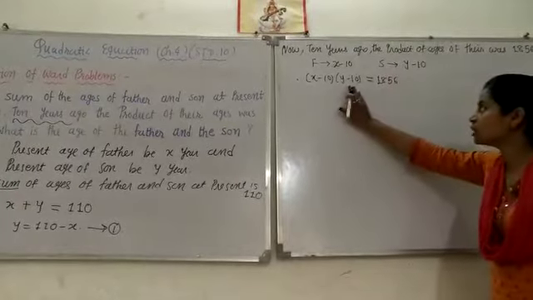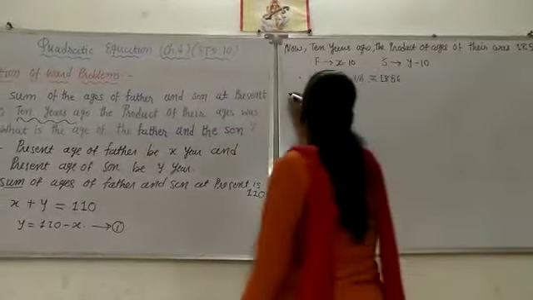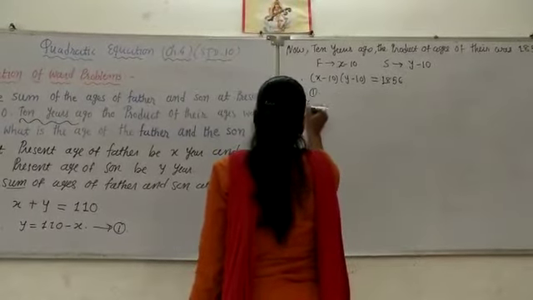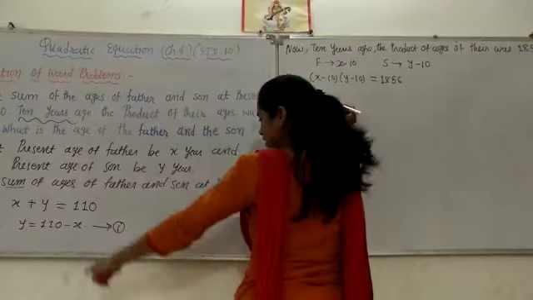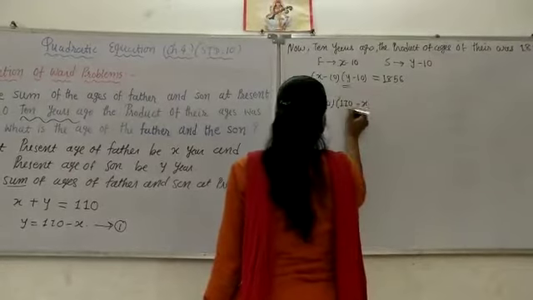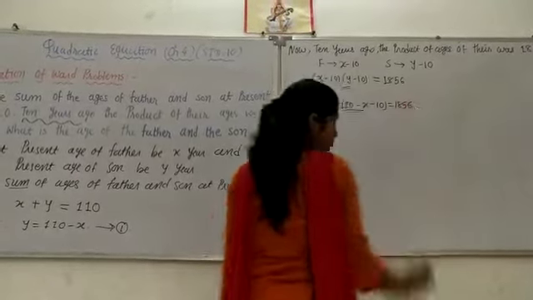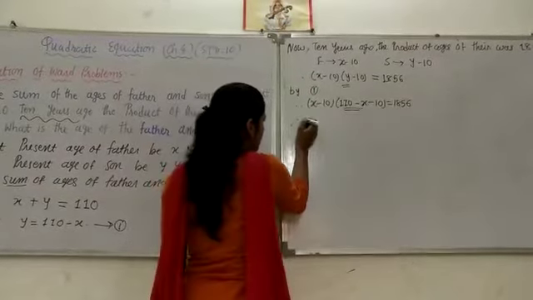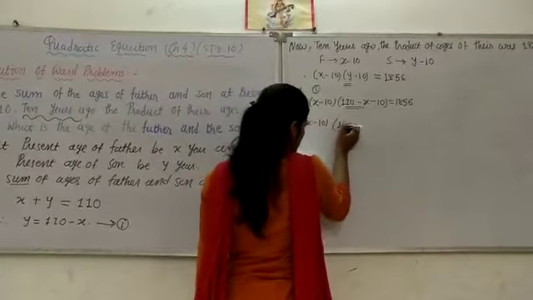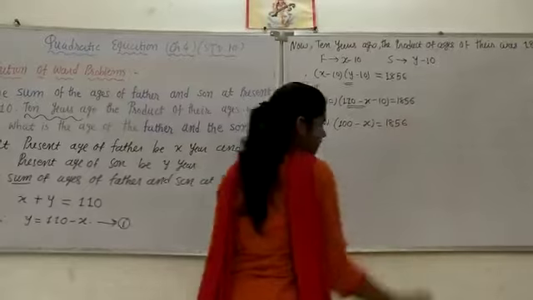Now you should put the value of y in terms of x. So by equation 1 you get x minus 10, and instead of y you write 110 minus x, minus 10, which is equal to 1856. Now simplify. This is x minus 10, and this is 110 minus 10, that means 100 minus x, which is equal to 1856.